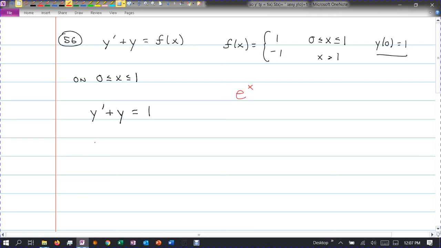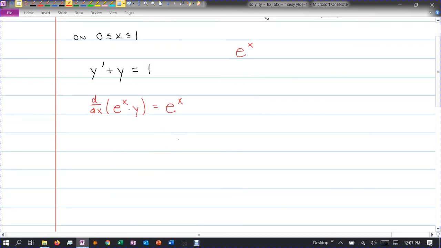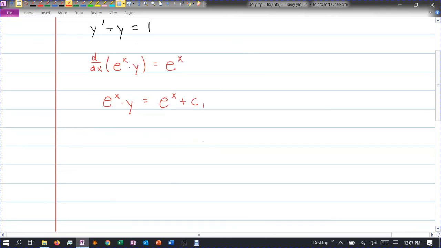So we get d dx of e to the x times y, and that must equal the right-hand side times the integrating factor. And now we just integrate, so we get e to the x times y equals e to the x plus a constant, I'll call it c sub 1. And we divide through by e to the x, we just get 1 plus c sub 1 times e to the negative x.